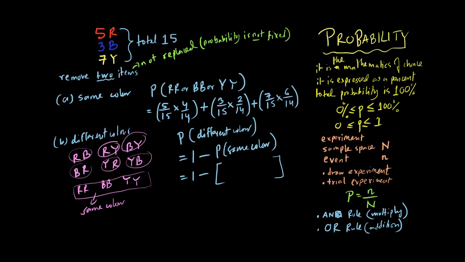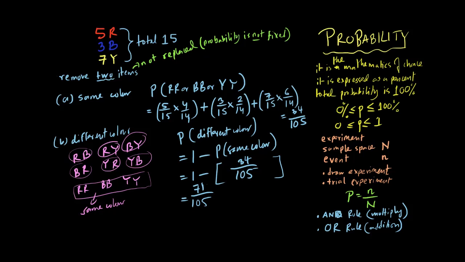The probability of same color turns out to be 34 by 105. In that case, different color is 1 minus same color, that means 1 minus 34 by 105, and that is going to be 71 by 105.